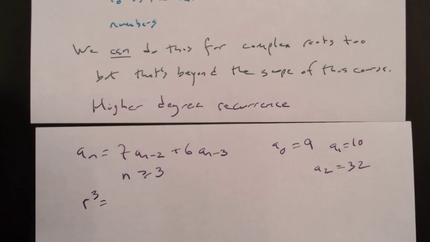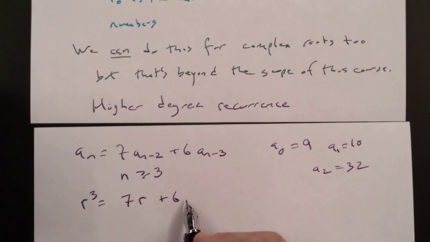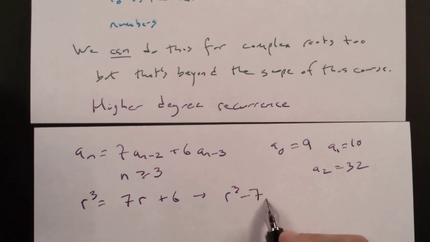On the right, I'm going to have no r squared, because I don't have any n minus 1s. I'm going to have 7r and 6 times r to the 0. In other words, my polynomial becomes r cubed minus 7r minus 6 equals 0. And now we get to the ugly question. What are the roots of that?